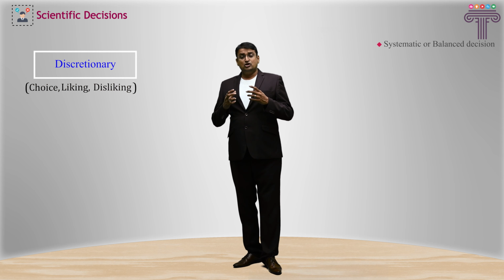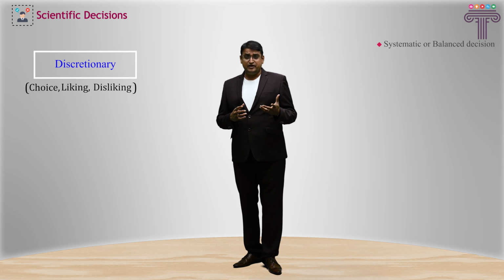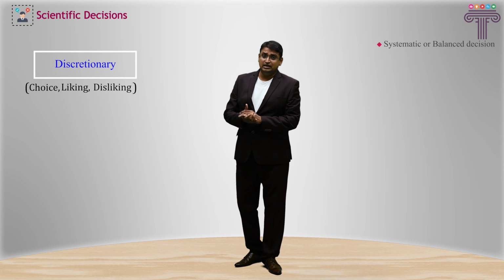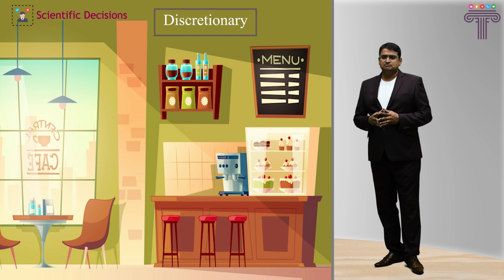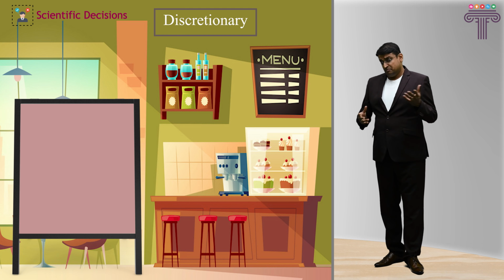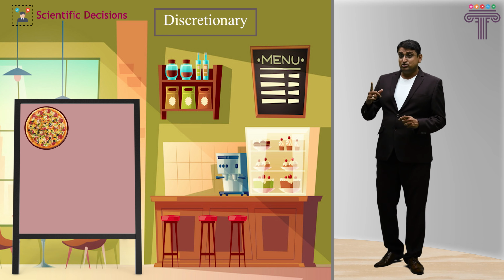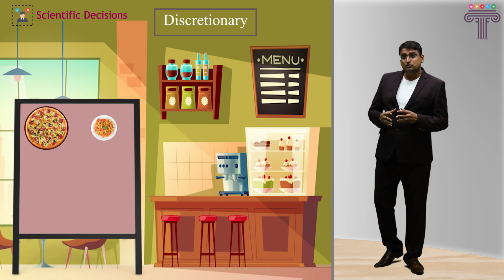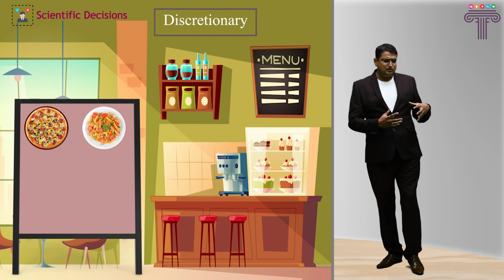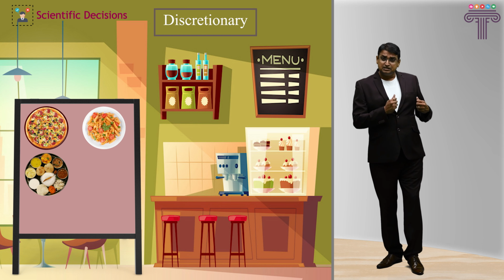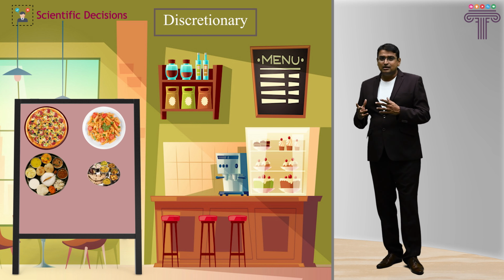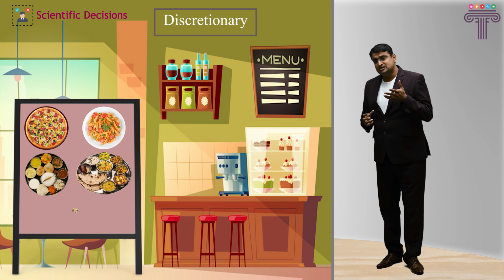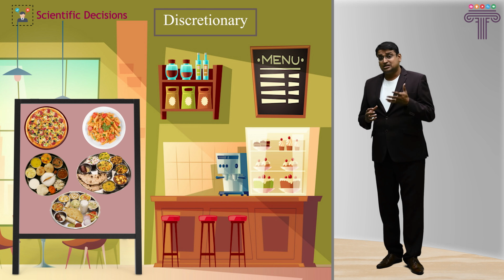Let's say there are a lot of issues you face, or a lot of decisions you take in your daily life. Let's say I want to go to a restaurant for dinner today. What are my choices? I'll think of going for a pizza, or I could also think of going for some Italian food, or I'll probably go for some typical Marathi spicy thing, or I'll probably go for a little sweet Gujarati thing, or I would go for a Rajasthani thali.